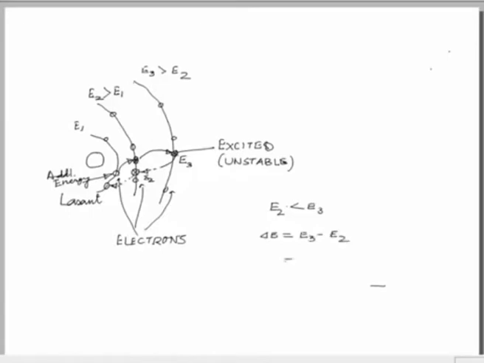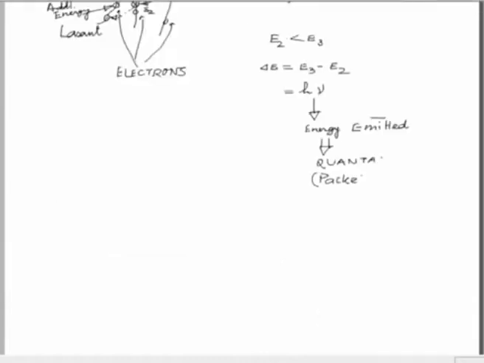This energy, delta E, is equivalent to h nu, and this energy will be emitted in the form of some packets, also called quanta, or in very simple meaning, packets of energy. These quanta are also called photons.